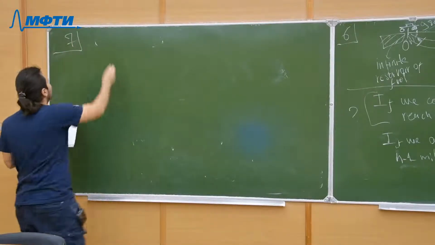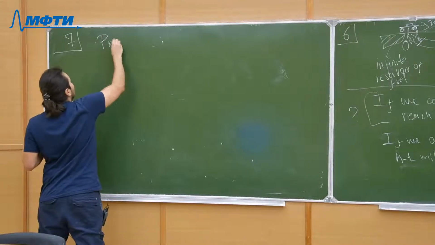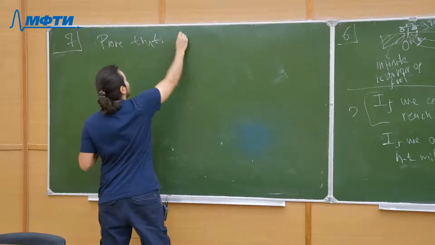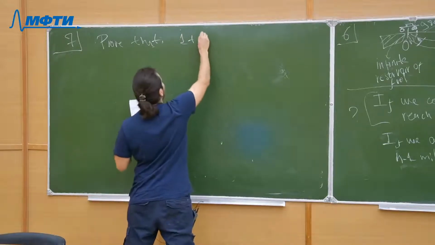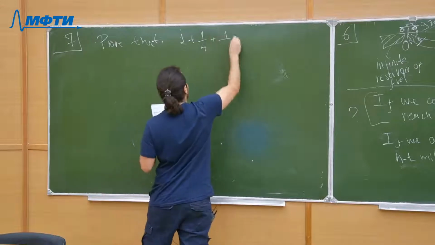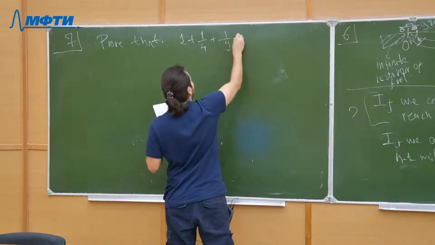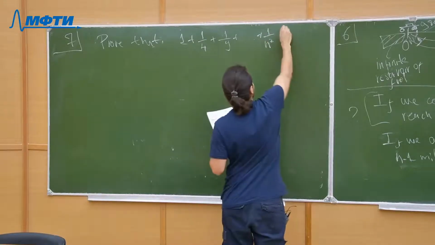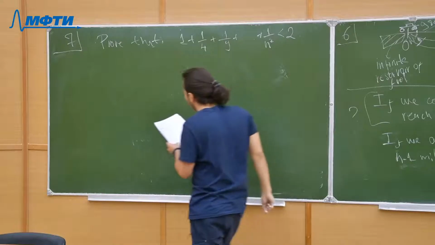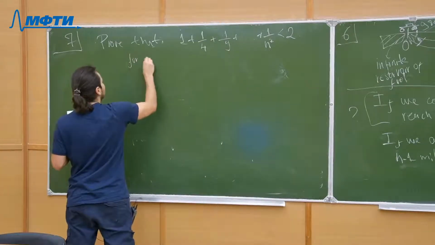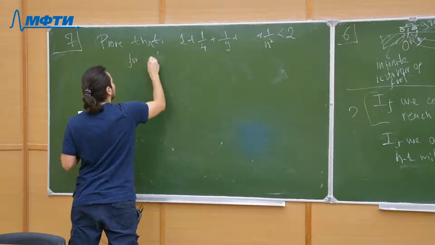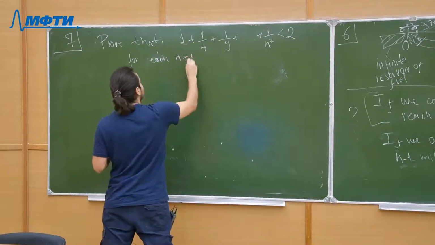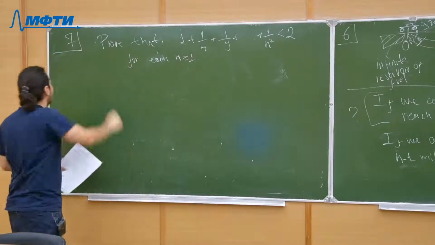We have to prove that 1 plus 1 over 4 plus 1 over 9 plus so on plus 1 over n squared is less than 2 for each n at least 1.